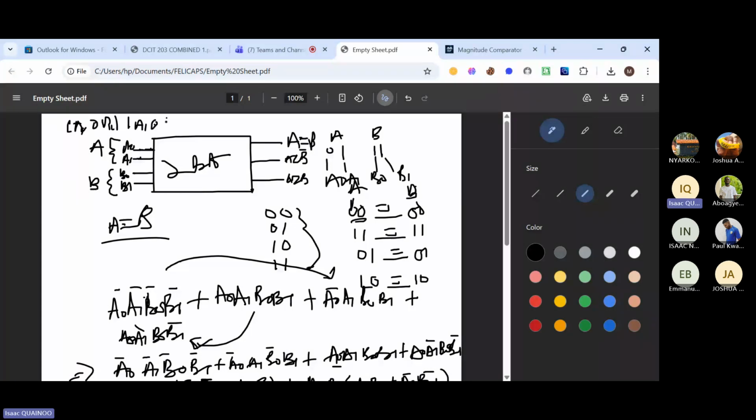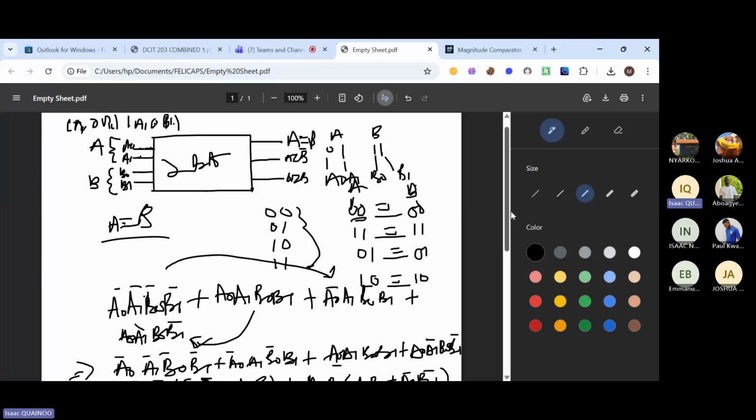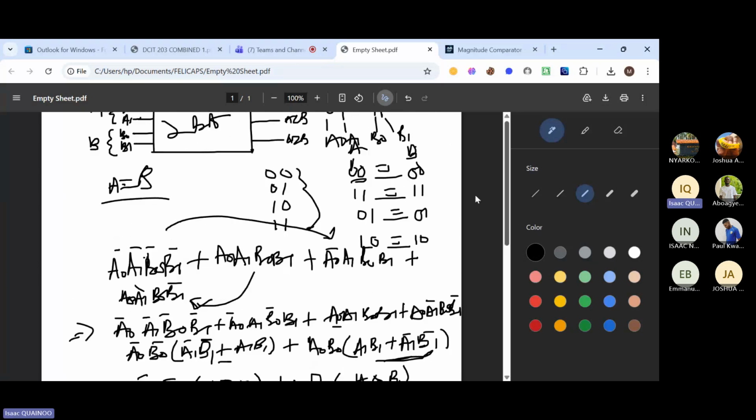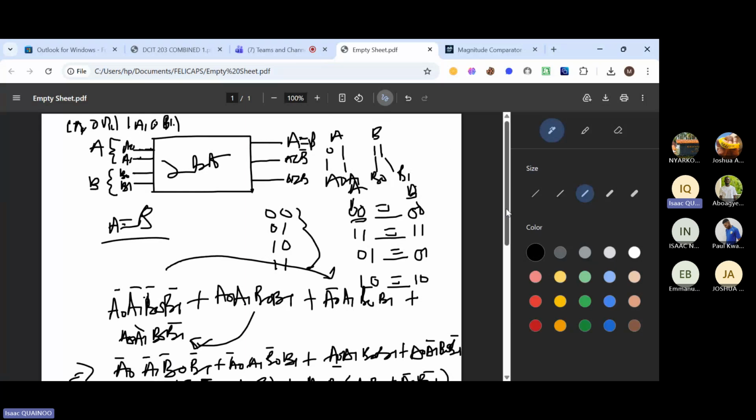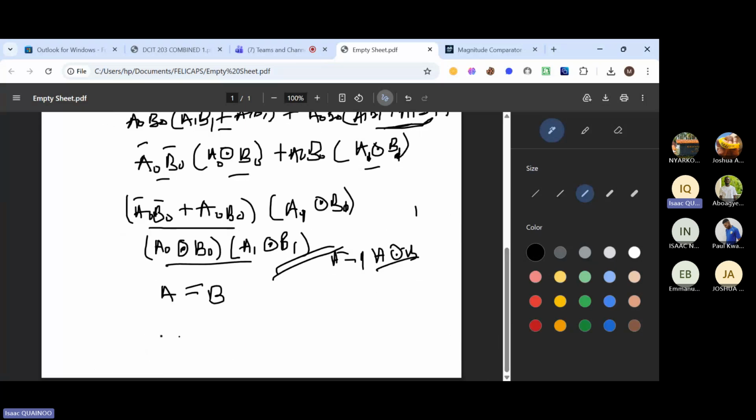And look, this isn't even manufactured. It is directly derived from the concept we put out here. If you want to determine if two numbers are equal, let me ask you a question. Let's say you have 01 and then you have 01. You know straightforward that these two are equal, right? How do you know these two are equal?